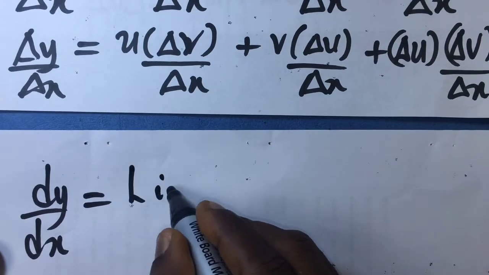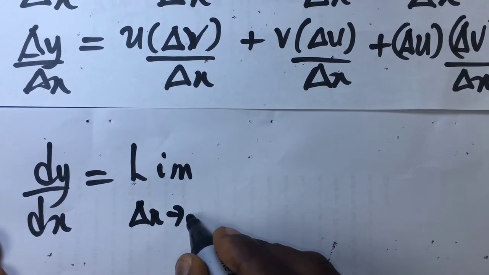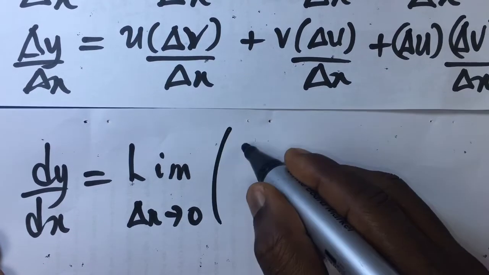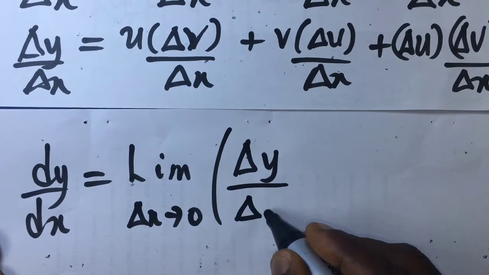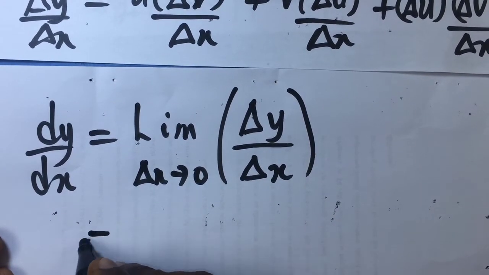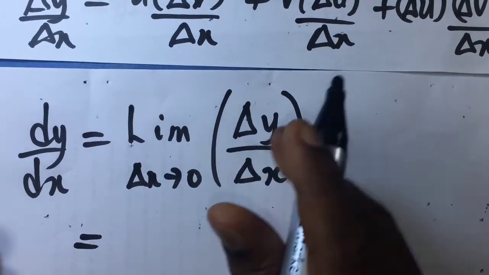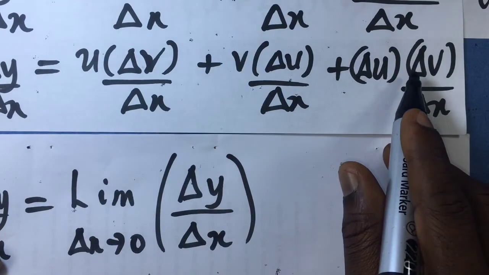For us to obtain dy dx, we must recall that dy dx is the limiting value as change in x tends to 0 of whatsoever our gradient function, change in y over change in x, is. Now what have we obtained our gradient function to be? We've obtained it to be the last expression here.